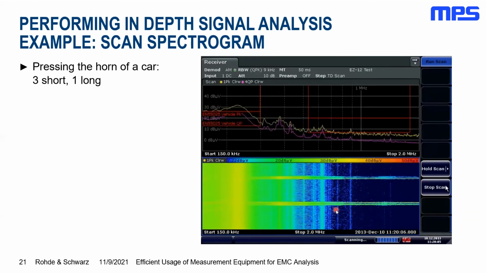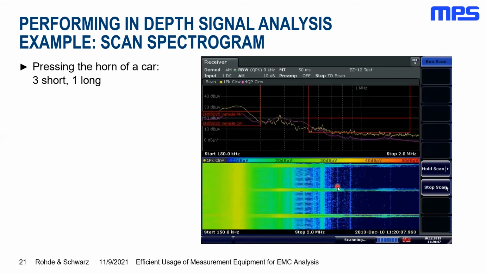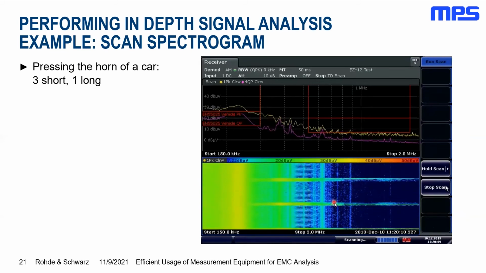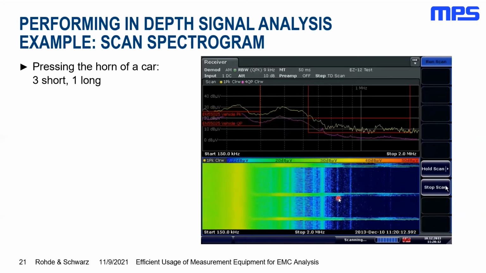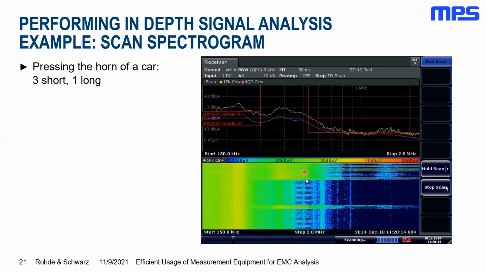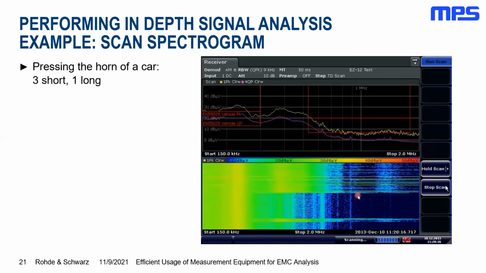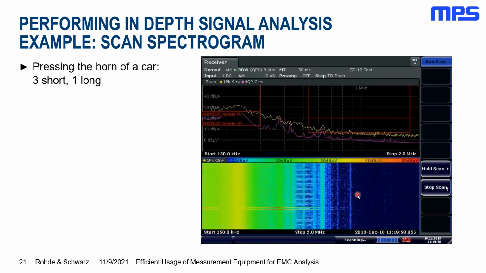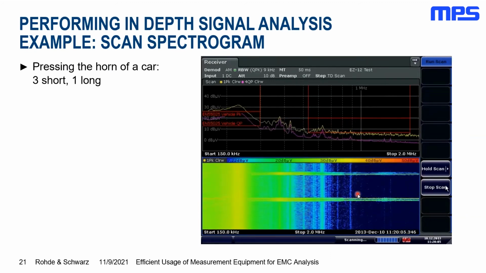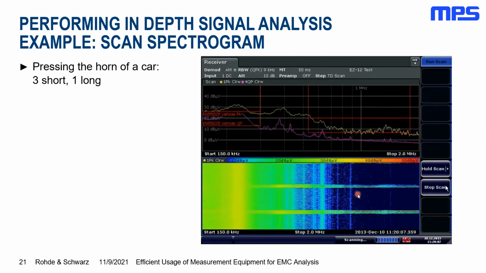What's very nice to see is, for a short term, we're seeing the short blows of the horn. And then afterwards, we have the long horn going there. You could easily differentiate which effects are coming from which portion. So that's why the spectrogram in the oscilloscopes is also very worth having a look at.